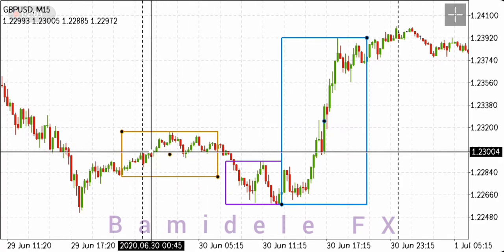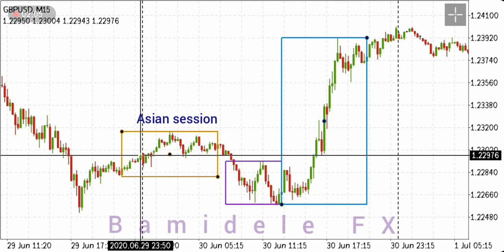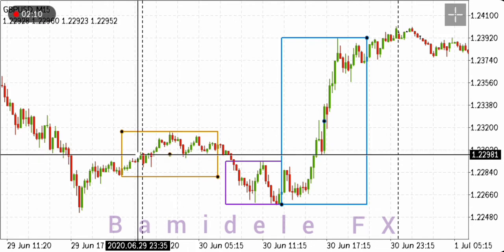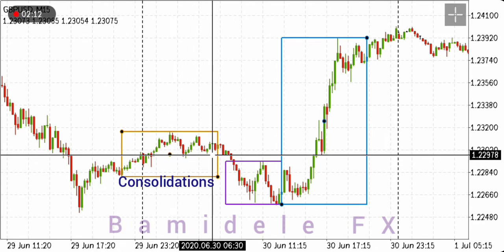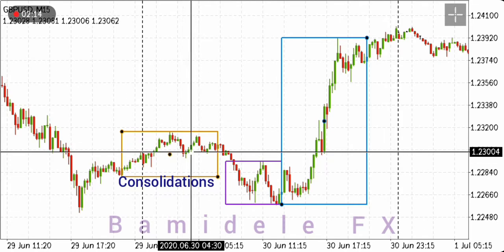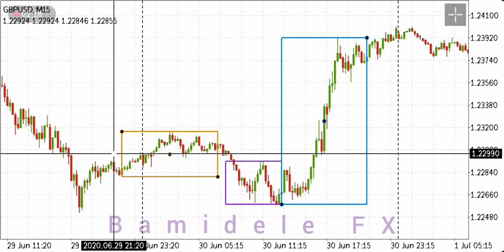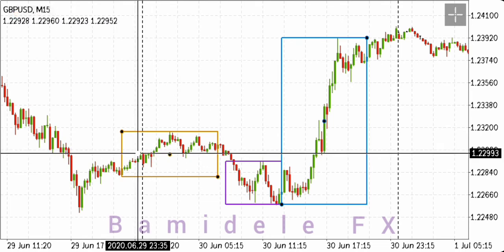The Asian session. It ends the day and it begins the day, and usually this session is in consolidation. That is, at the Asian session there is not much volatility in the markets. It's one of the lowest times to trade in the forex markets. So the candles tend to be very short.